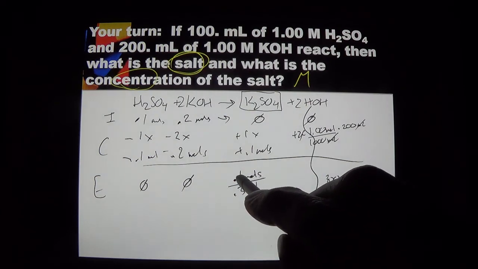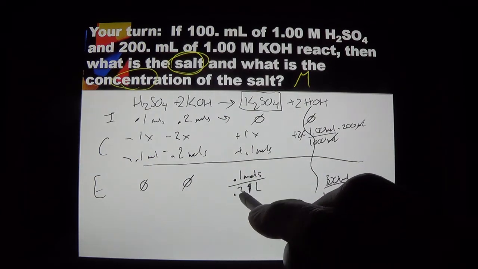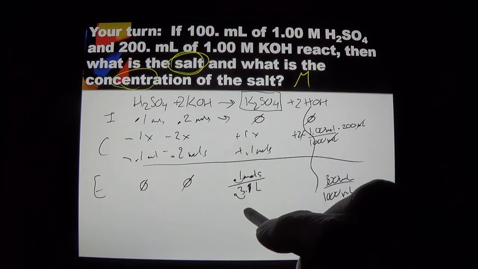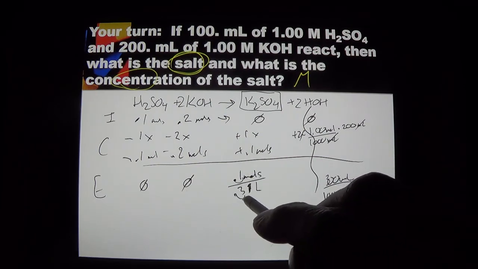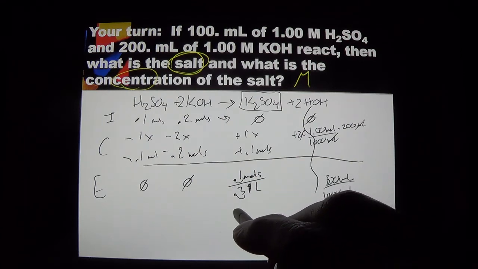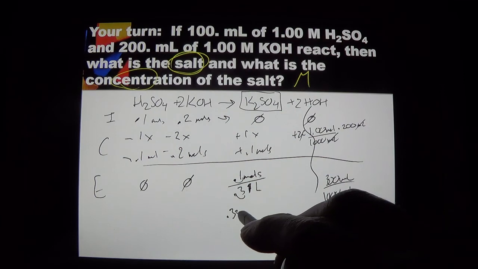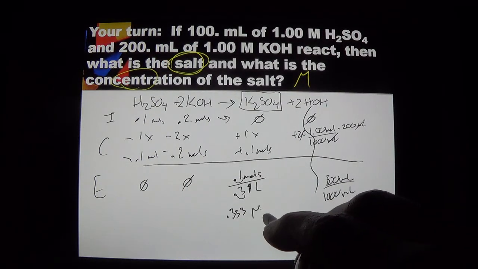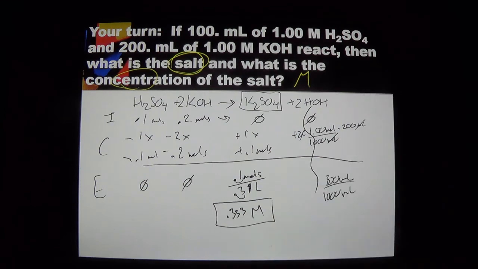Oh, well, we can do that. That simplifies to 1/3, 1 divided by 3. You with me? Move that decimal 1 if you need to. Whatever you do to the top, you do to the bottom, and you're still safe. So my molarity is 1/3, or 0.3333. And since I have 3 sig digs going on, I'm going to just call that 0.333 molarity. That is the molarity of my salt that I have going on.